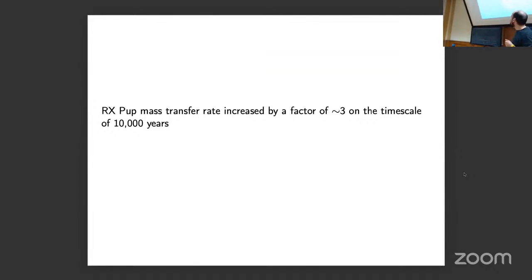So the mass transfer change is probably due to changing the wind strength of the red giant in the system. You may say, okay, it's not really interesting.